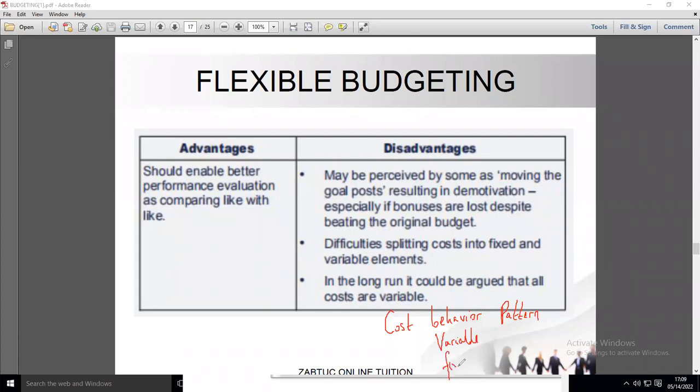Which cost is fixed? And we know that there are those costs which are semi-variable or semi-fixed, and these now you need to split. And that's what we're talking about here. In the long run, it could be argued that all costs are variable. So that is an argument there.